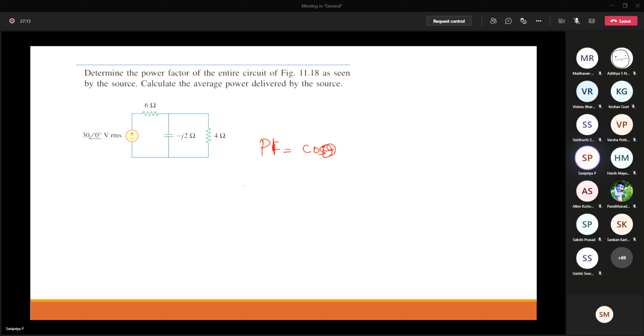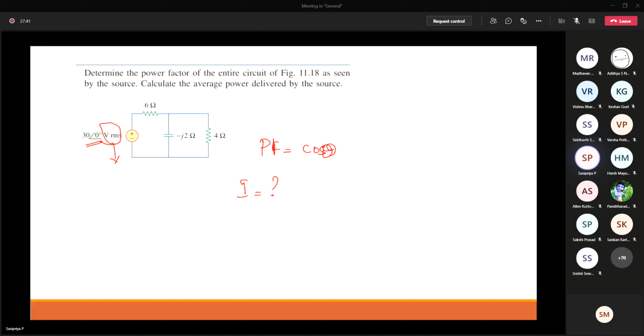Obviously, for a given network, I need to calculate the current because the current is not given. Here they have specified RMS. If they don't specify anything and it is in equation form, that's Vm sin omega t, the maximum value. When they specify the voltage source like this, if they don't explicitly say RMS, then we will assume it as the maximum value.